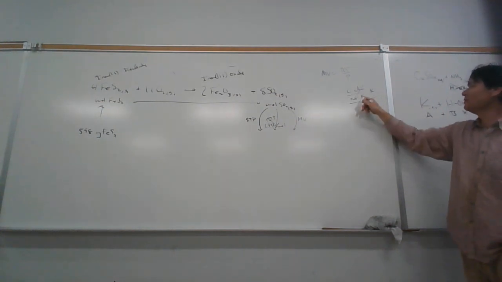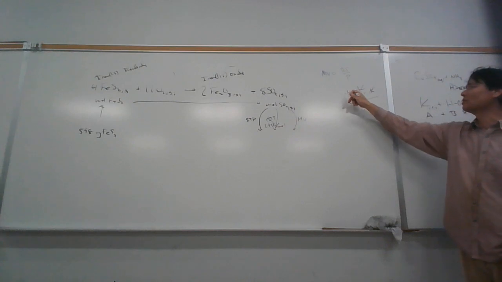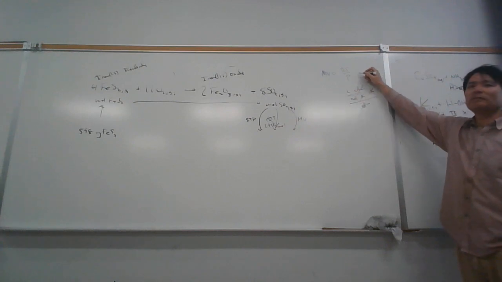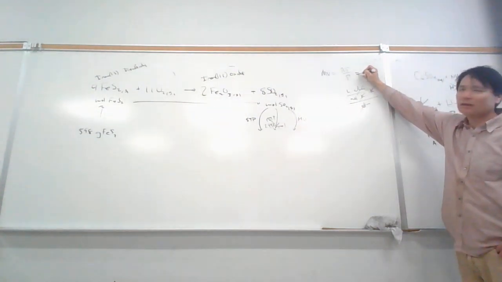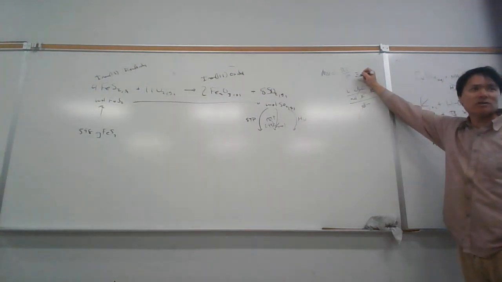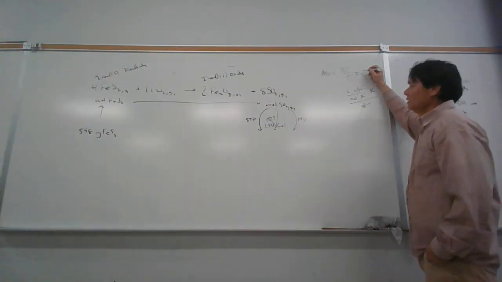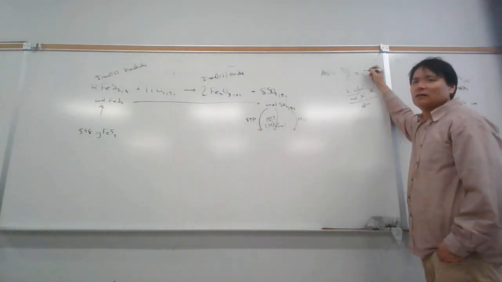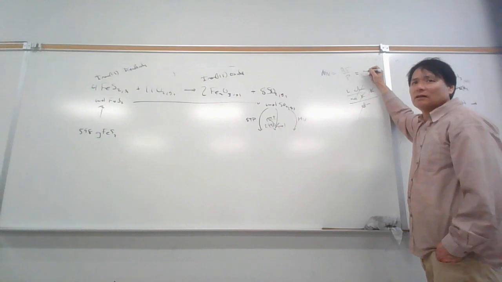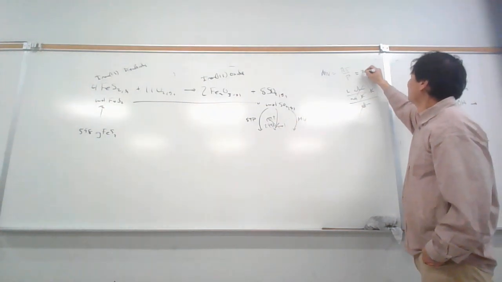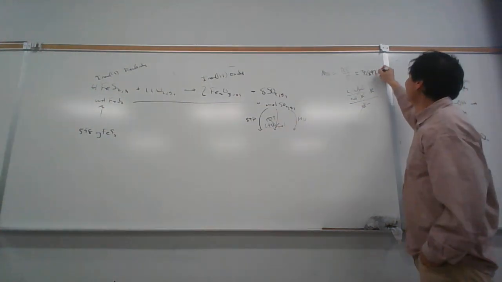Atmospheres cancel, Kelvin cancels, and that leaves us with liters per mole. That's molar volume. Did we already calculate the molar volume under these conditions? What did it come out to? 30.897 liters per mole.